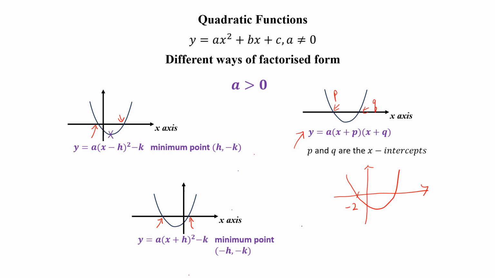This is negative 2. This is 3. Right, so your curve will be x plus 2, x minus 3. All right, so these are the different ways of how you can factorize a quadratic function where a is more than 0 and where you have two real and distinct roots.